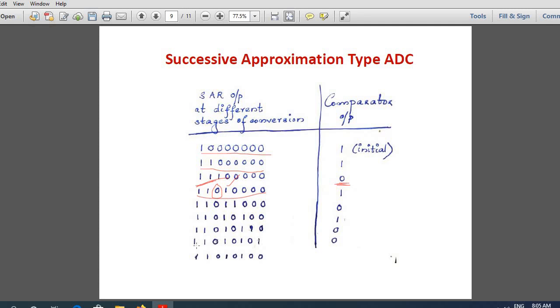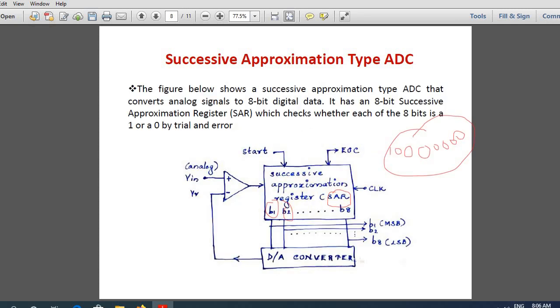Look here, I have reached up to my 8th bit here. 1 2 3 4 5 6 7, 8th bit I have reached, and I will check the 8th bit and then stop. So after checking all the 8 bits, what is inside my successive approximation register? This one. This will be my converted digital equivalent of my input analog voltage. This is how it works.